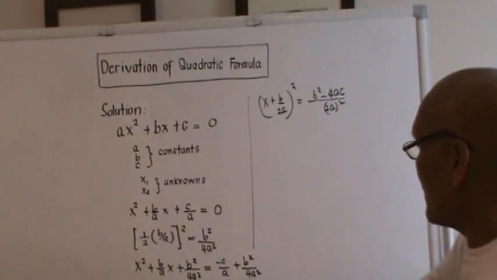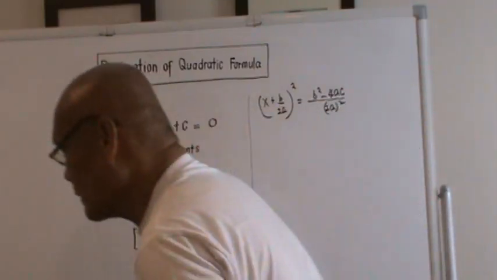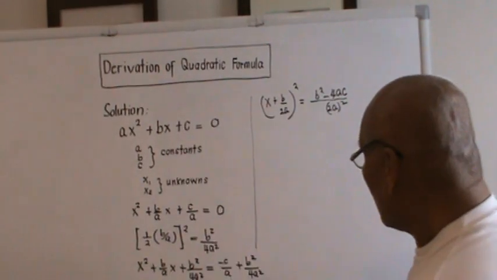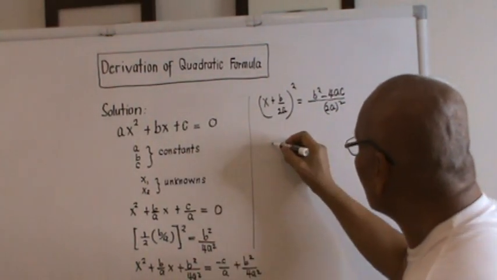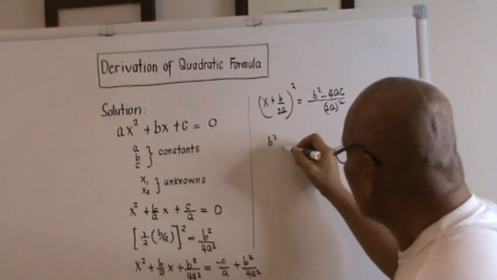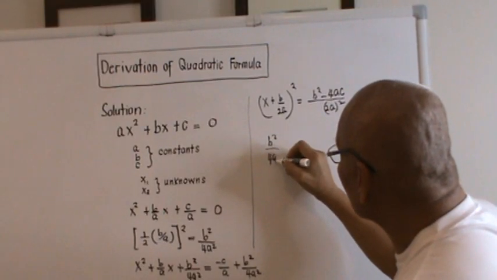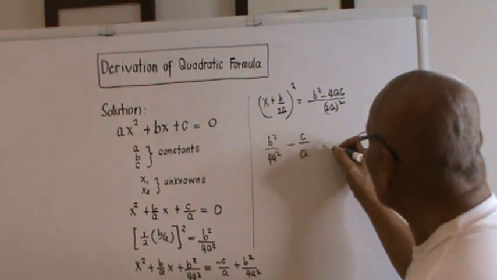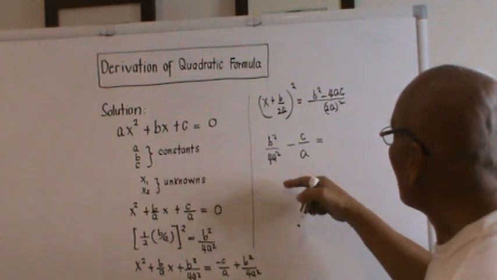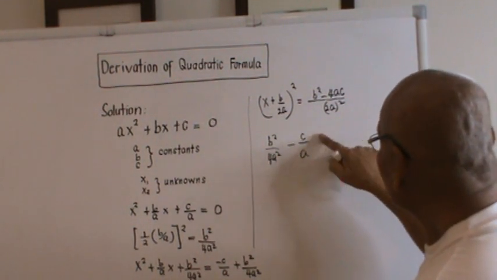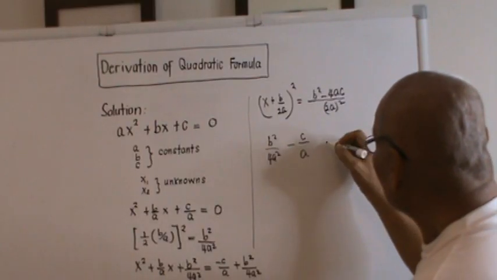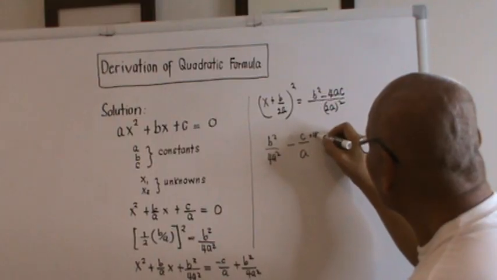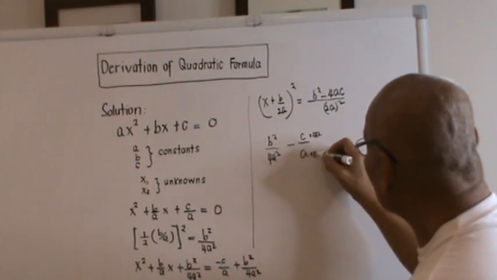Because if we try to combine this one here, I'll show the simplification of this one. b squared over 4a squared minus c over a, right? We will add up this one here. We'll multiply this one by 4a, and we'll multiply this one by 4a.